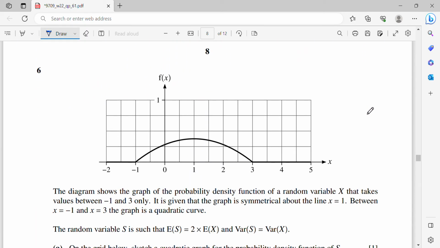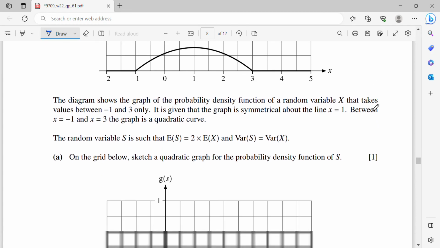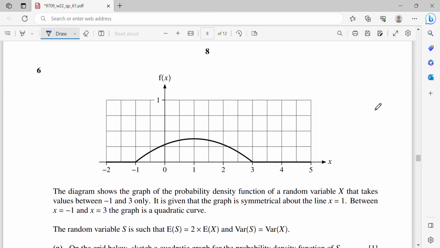Now, question 6. Given a graph, the diagram shows the graph of the PDF, the probability density function, of a random variable X that takes values between -1 and 3 only. So from -1 to 3. It's given that the graph is symmetrical about the line x equals 1.